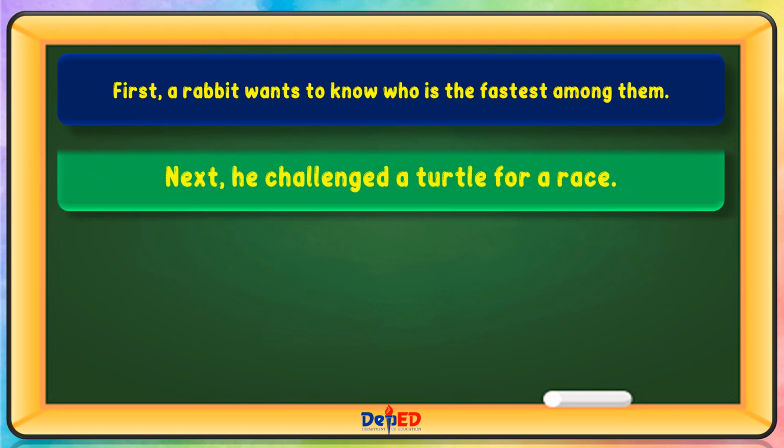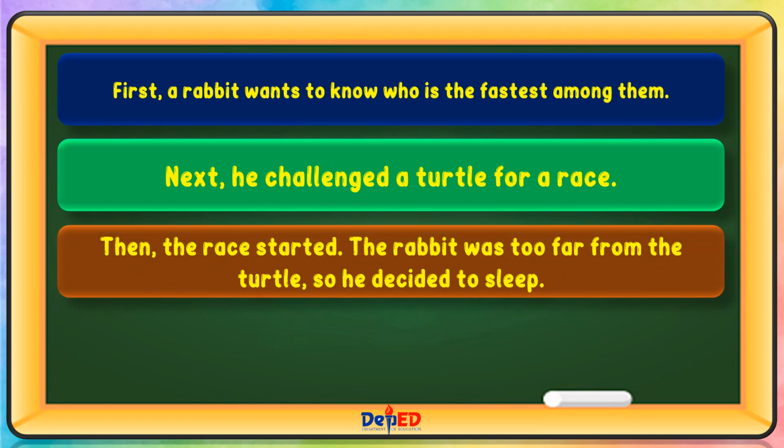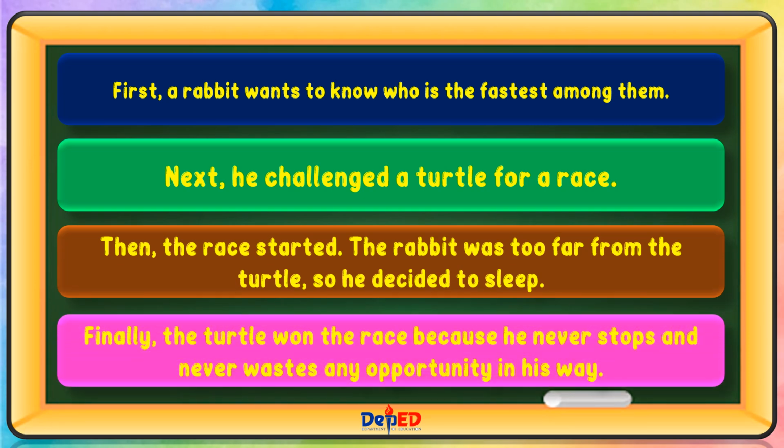Next, he challenged a turtle to a race. Then, the race started. The rabbit was too far from the turtle, so he decided to sleep. Finally, the turtle won the race because he never stops and never wastes any opportunity in his way.